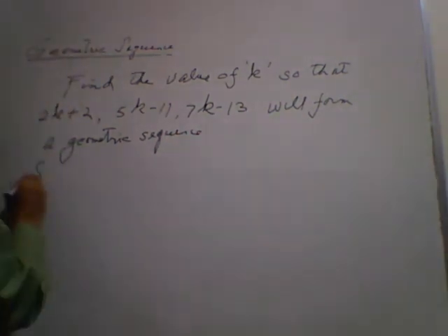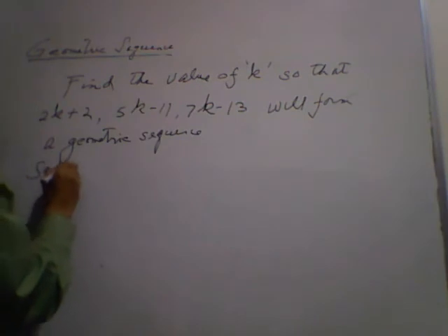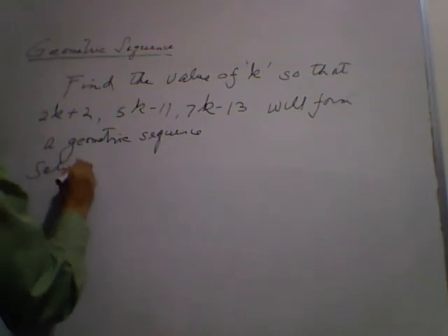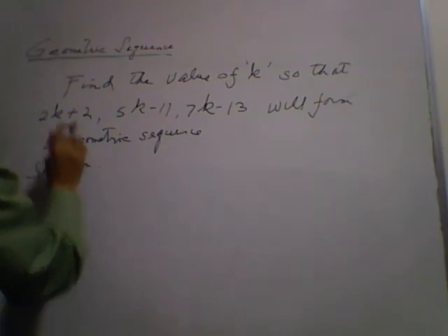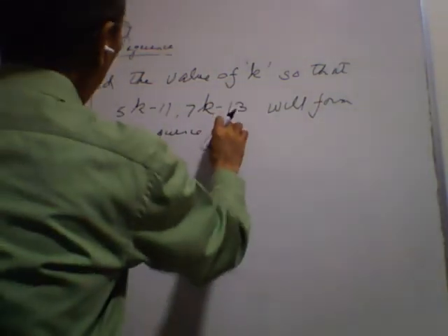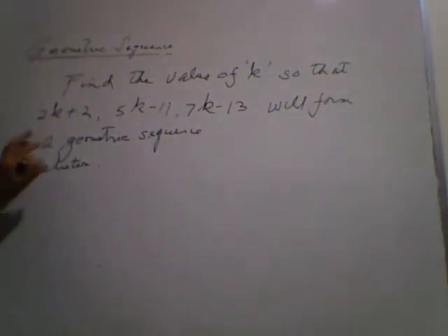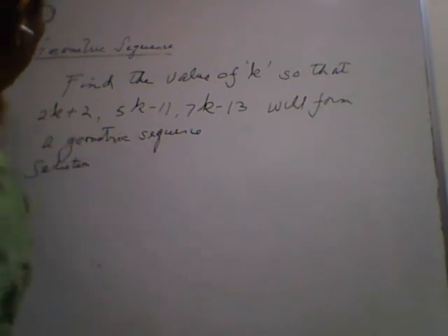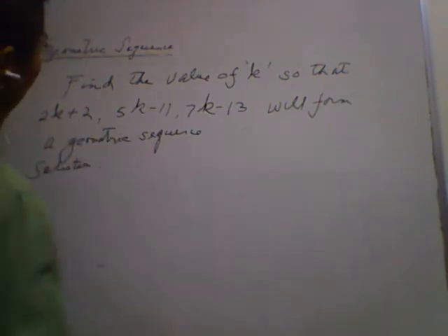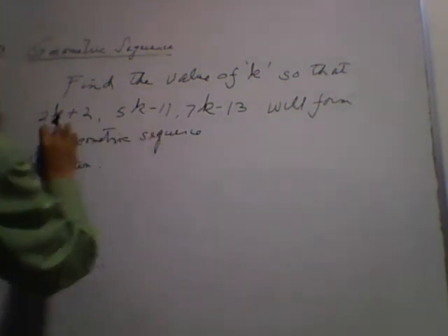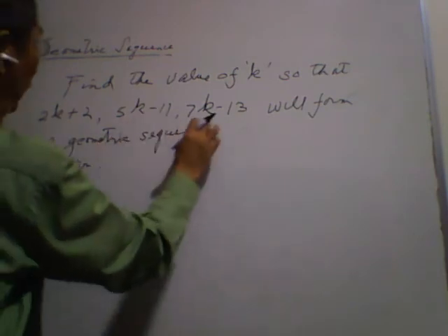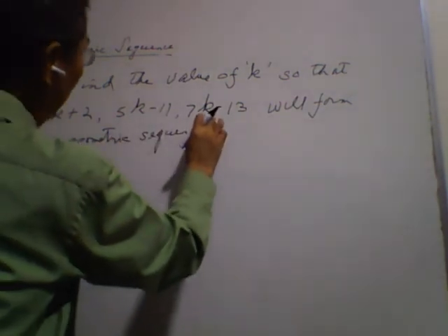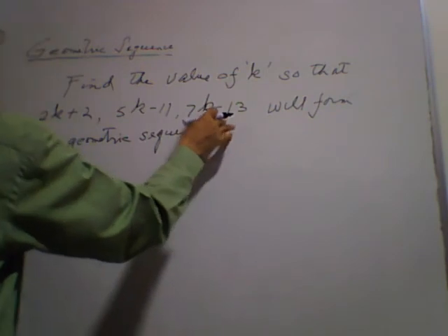So for our solution, if these three binomial terms here are to form a geometric sequence, then the ratio of the second term to the first term will be equal to the ratio of the third term to the second term.